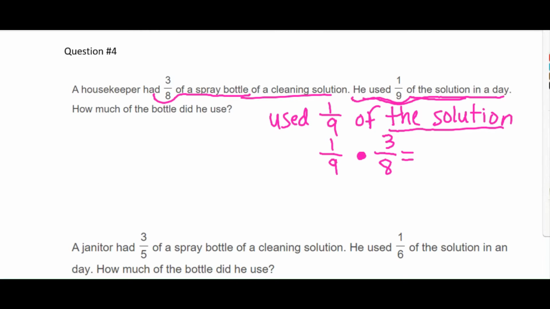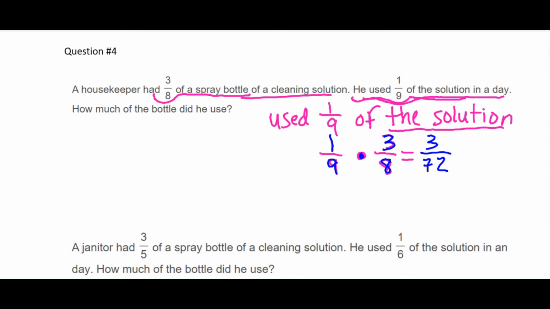Now, since this is already multiplication, you just multiply across. So 1 times 3 for the numerator, which is 3, and 9 times 8 for the denominator, which is 72. Now, this can be simplified because 3 and 72 are both divisible by 3. And since it's a proper fraction, it should stay a proper fraction.